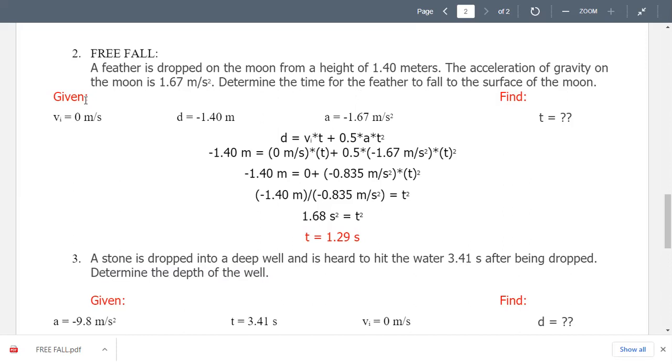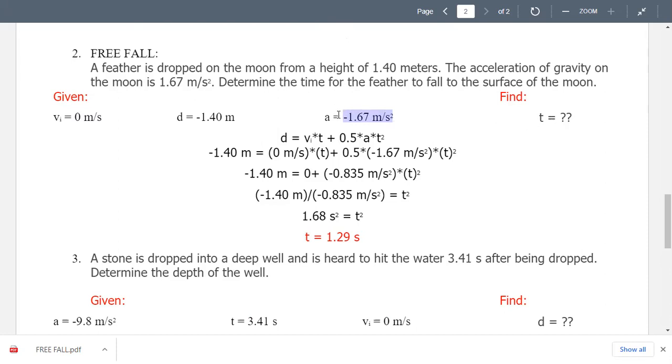Prior to dropping the feather, it was at rest, so your initial velocity is 0 meters per second. Your distance is negative 1.40 meters because it's downwards. The acceleration used here is negative 1.67 meters per second squared because the object is falling, which is the value of gravitational acceleration on the moon. The unknown variable is the time, t.